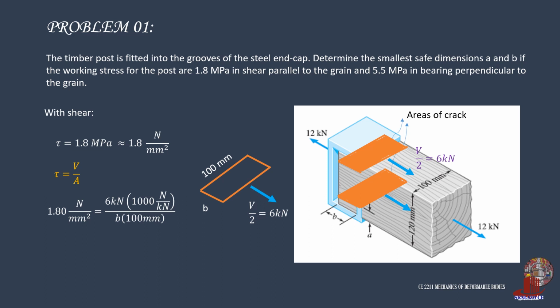This is divided by the crack area of 100 mm times B. B is then cross-multiplied by the stress of 1.8, and B is computed as 33.33 millimeters.